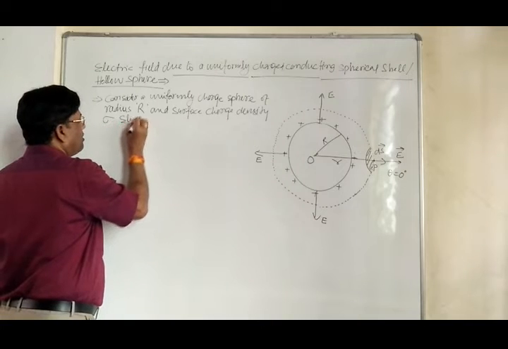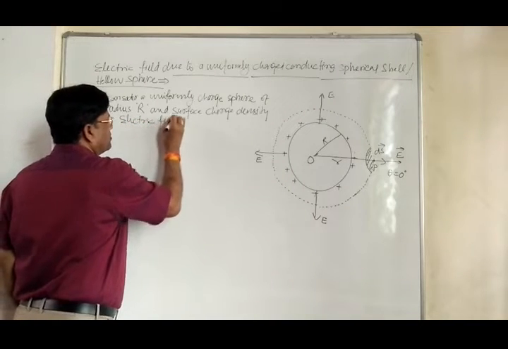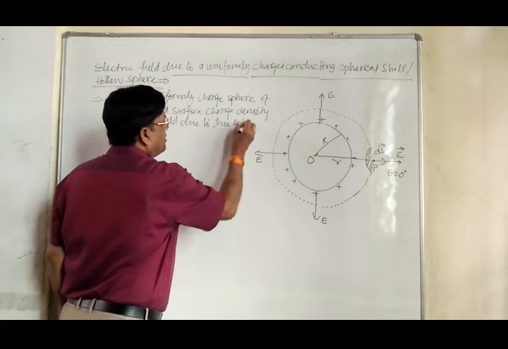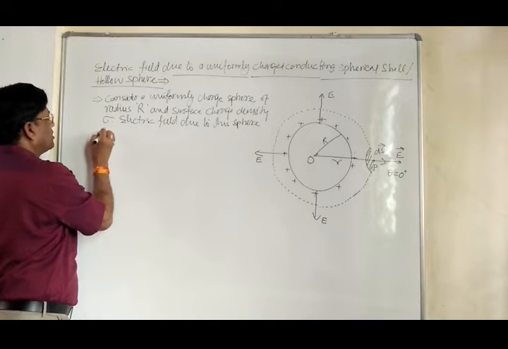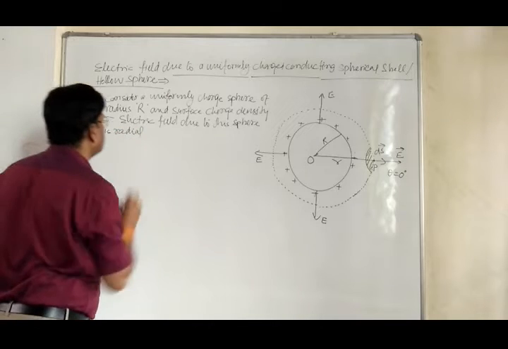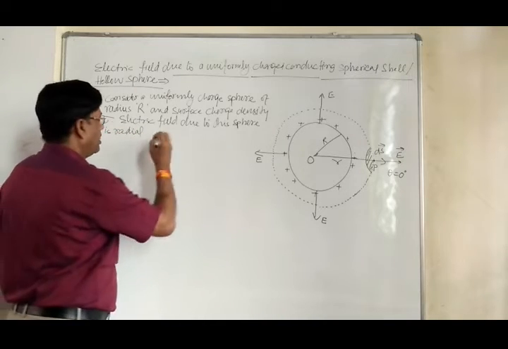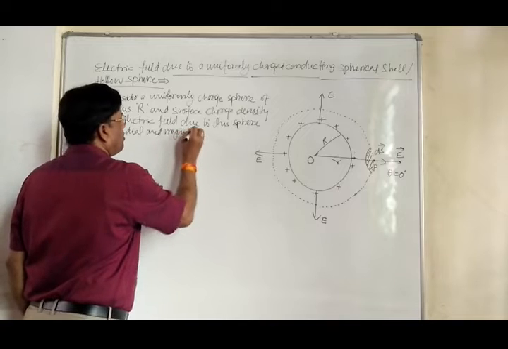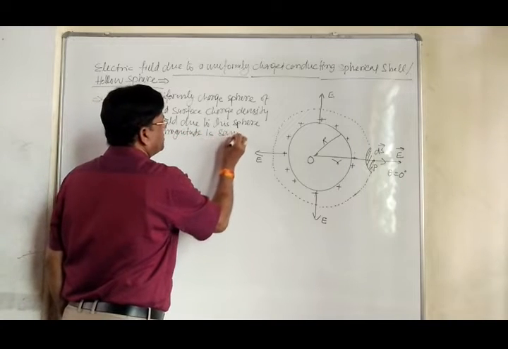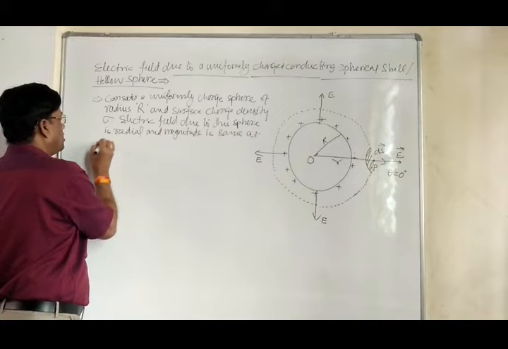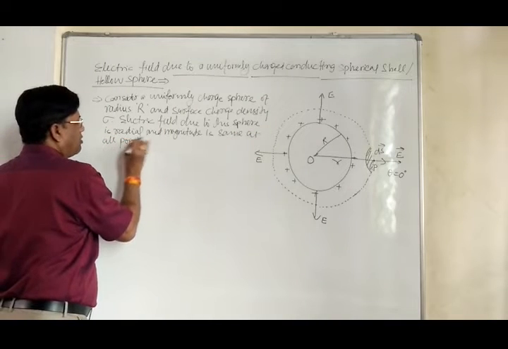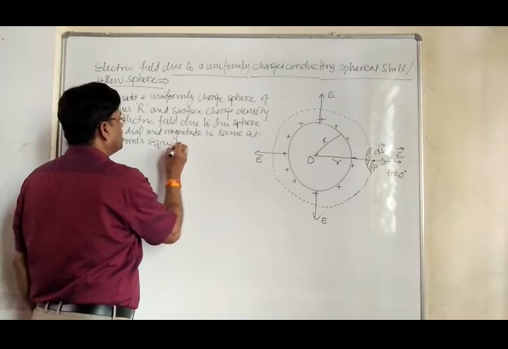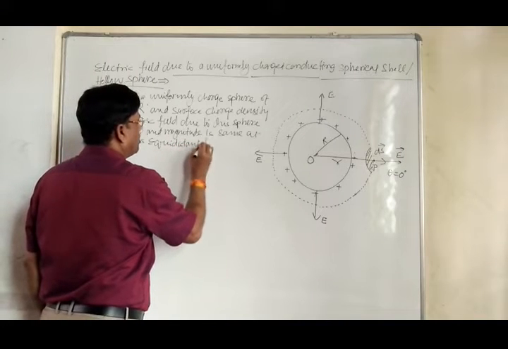Electric field due to this sphere is radial, and magnitude is same at all points equidistant from O.